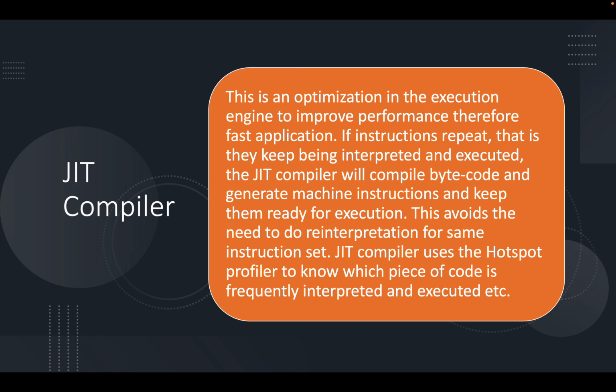So the JIT compiler will try to generate those instructions and keep them ready for execution all the time, so that it doesn't always need to do reinterpretation. And this actually improves performance. The JIT compiler uses what we call the Hotspot profiler to know which piece of code is frequently interpreted and executed, so that it achieves its goal.